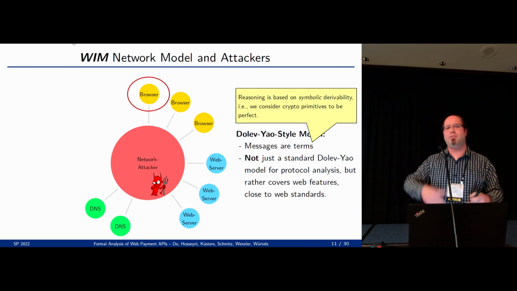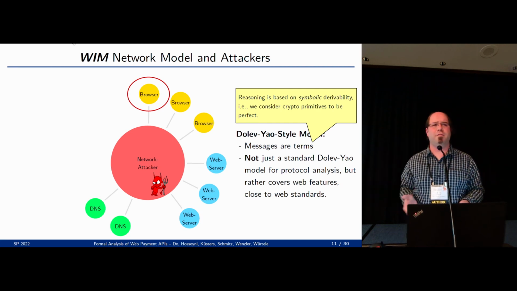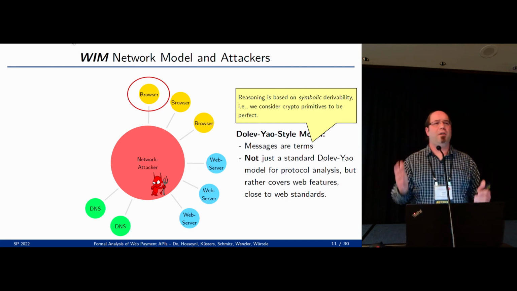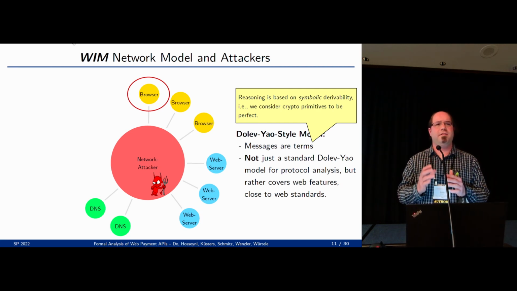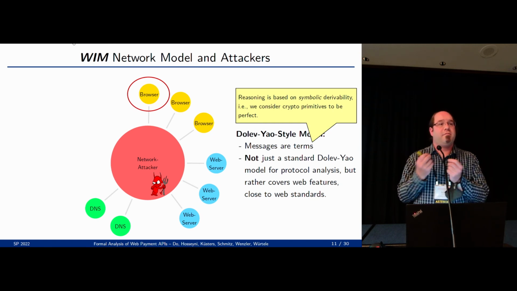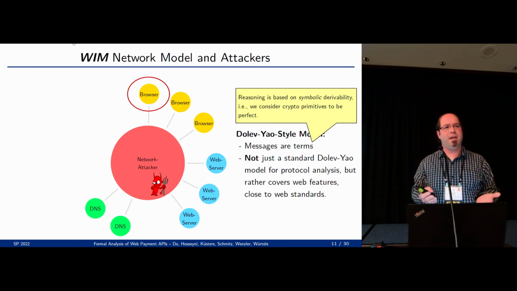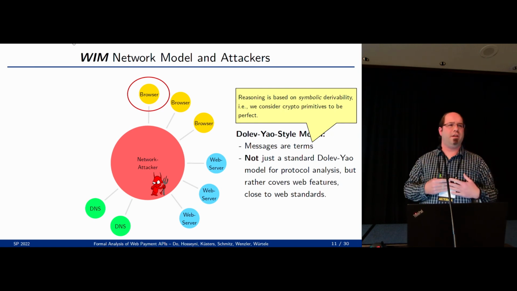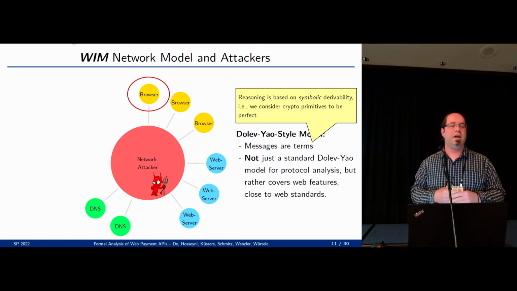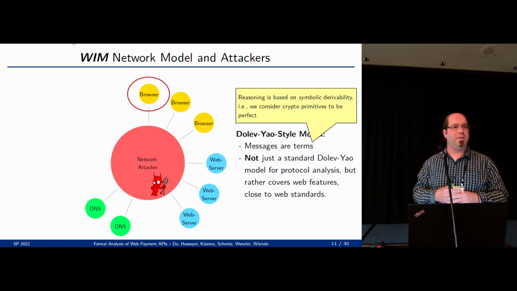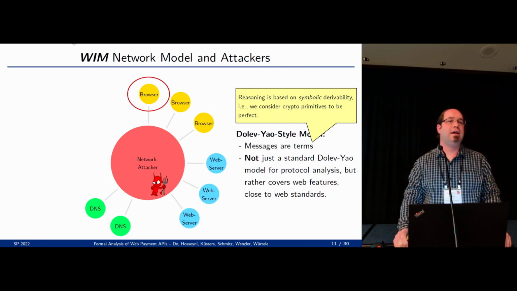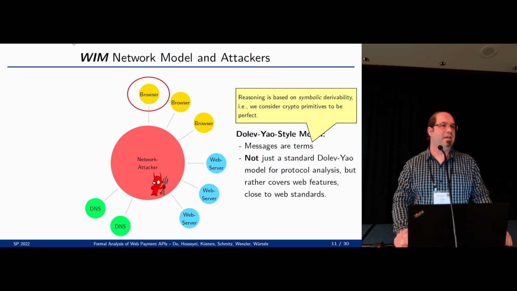So we can have unbounded data structures, recursive data structures, unbounded loops, and these are features that existing tools like Tamarin and ProVerif sometimes struggle with. So when we created the WIM, at first we didn't want to restrict ourselves by any of these limitations of these tools. That's the reason why we opted for a pen and paper model back then, but we are working on the mechanization because that's definitely a very valuable feature to have.